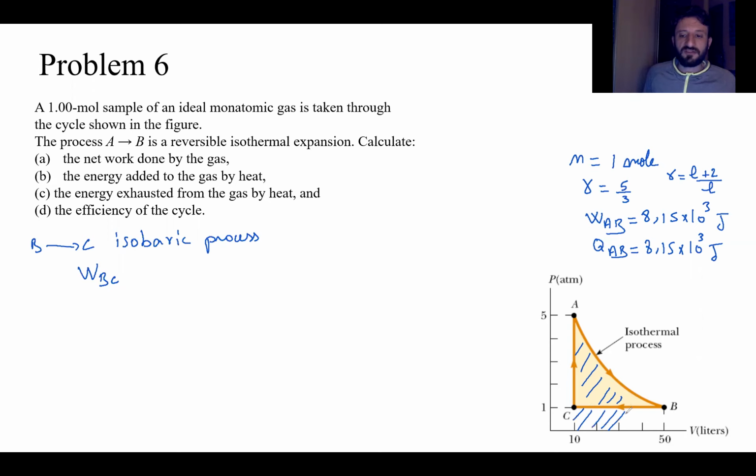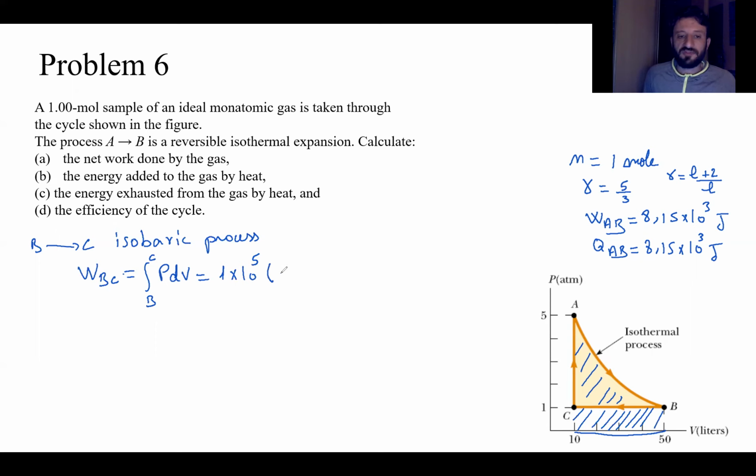So we can calculate the area of this zone, which is 40 times 1. Or you can apply the equation of the work, W equals the integral of P dV between B and C. We have a constant P equals 1 atmosphere equals 1 times 10 power 5 Pascal.